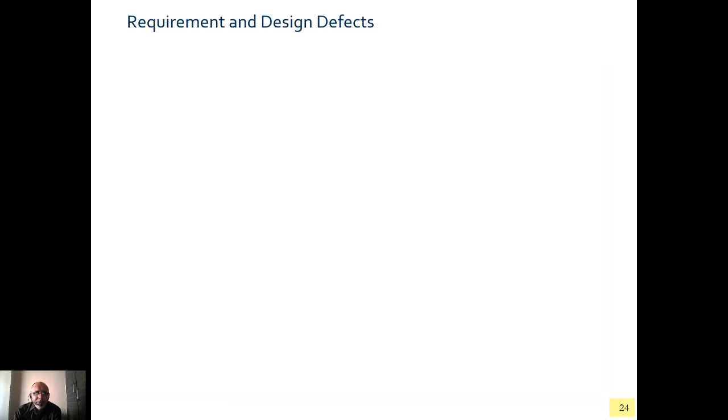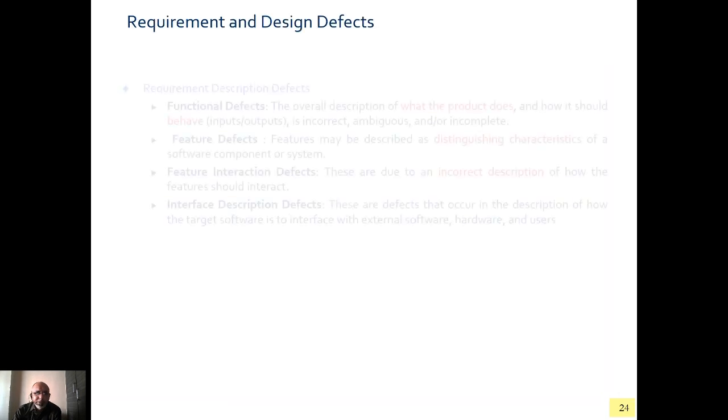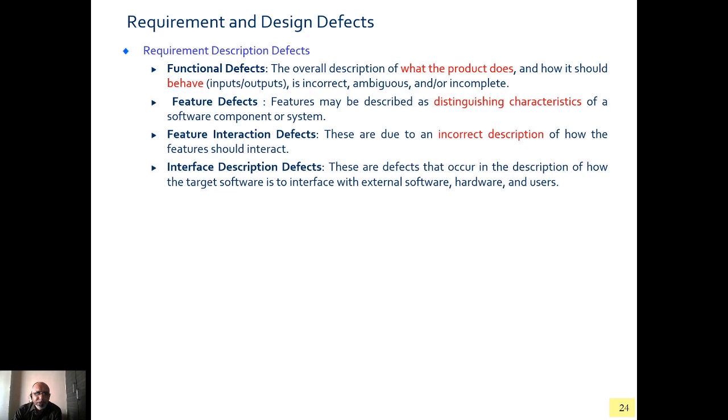So, requirement and design defects: functional defects, feature defects, feature interaction defects, and interface description defects. That's why, while setting up the feature set document and the SRS, we have to narrate the correct description and correct characteristics, what is expected out of the product.